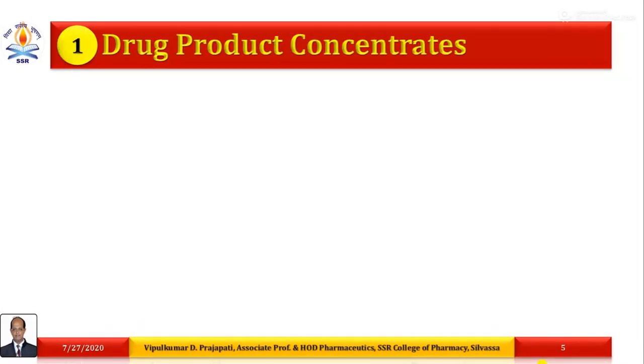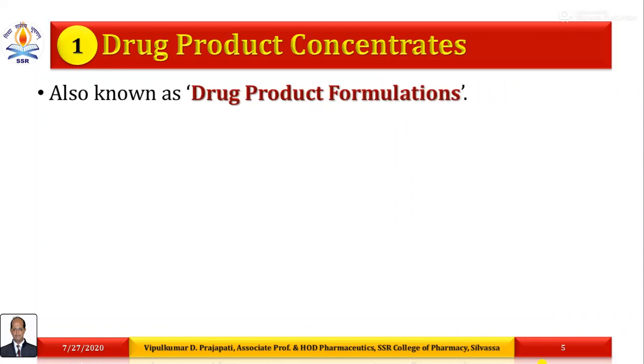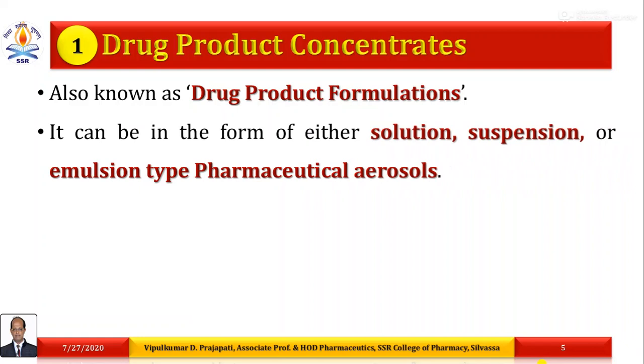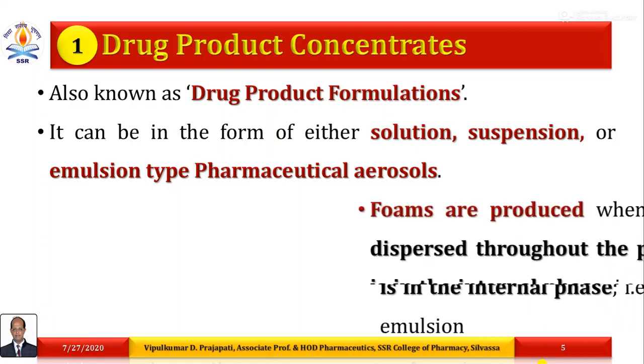So first, drug product concentrates, also known as drug product formulations. It can be in the form of either solution, suspension or emulsion type pharmaceutical aerosols.